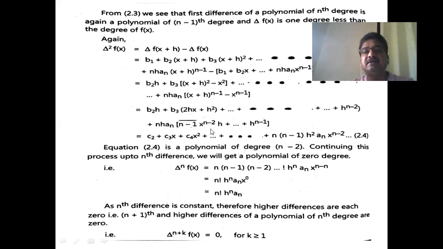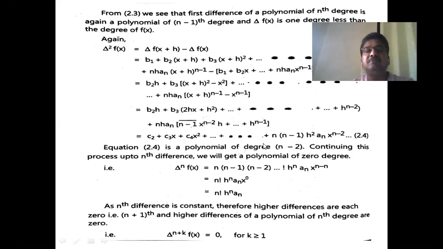And this is the single term, x raised to n minus 2. And what is its coefficient? n minus 1 into h square an. This is an x raised to n minus 2. So after simplification, that is adding the similar terms, we have this. This c2, c3, c4 all are the constants.